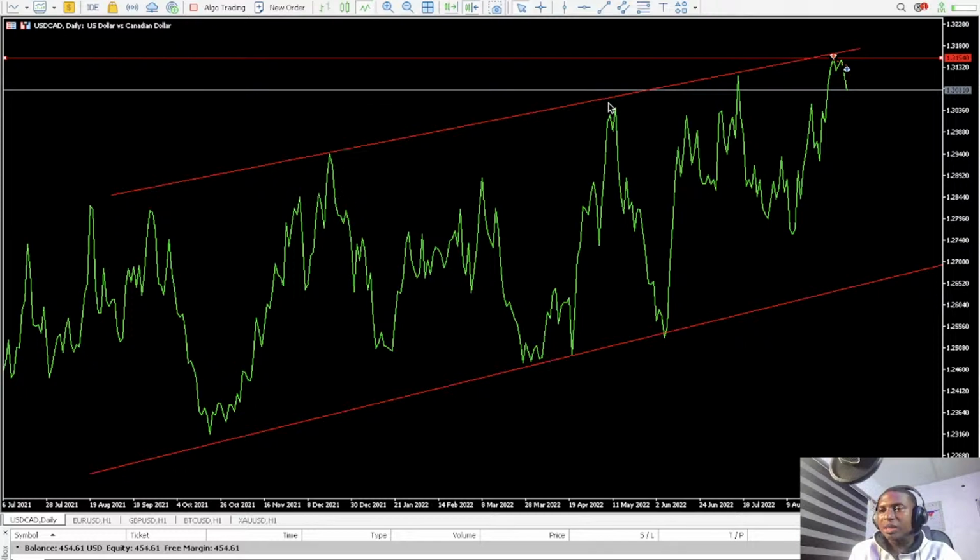Another low was created. So it is because we have a low that is above the previous low that we are seeing the pattern go in an uptrend.